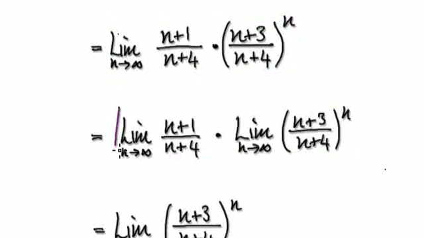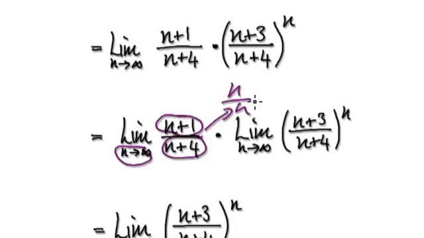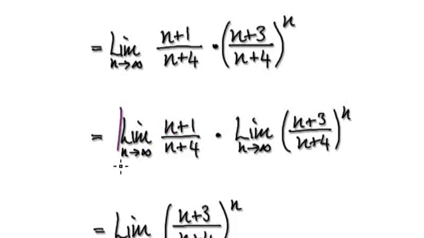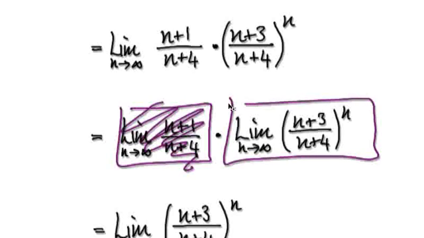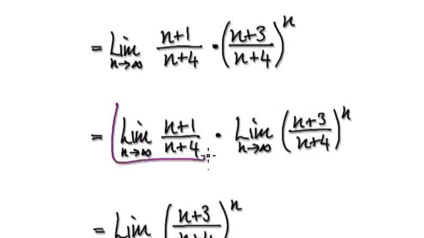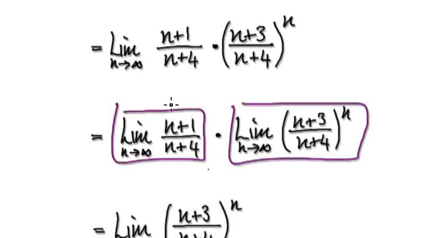Now if you look at this here, the limit of this as n heads towards infinity would be 1, because the numerator will act as n and the denominator will act as n heads towards infinity. So you've got n over n, which will be 1. So we know this is going to be 1, so we can pretty much forget about this and just concentrate on finding out this. So this thing here, you've got one block multiplying with another block.